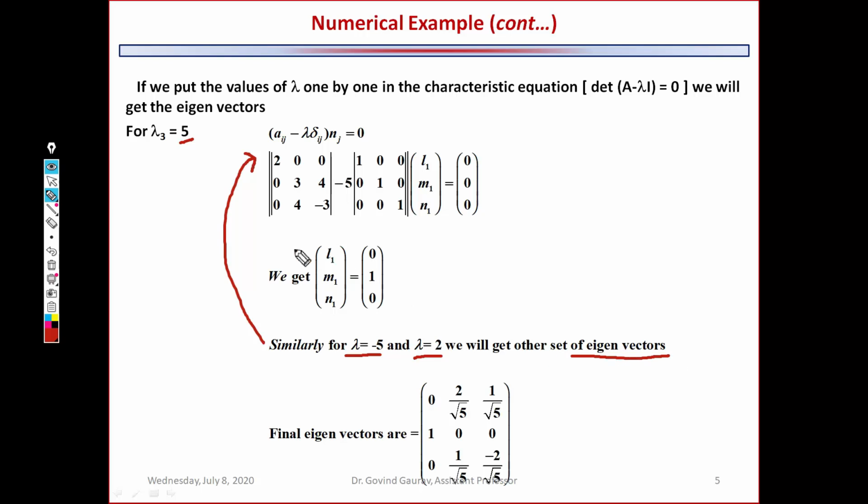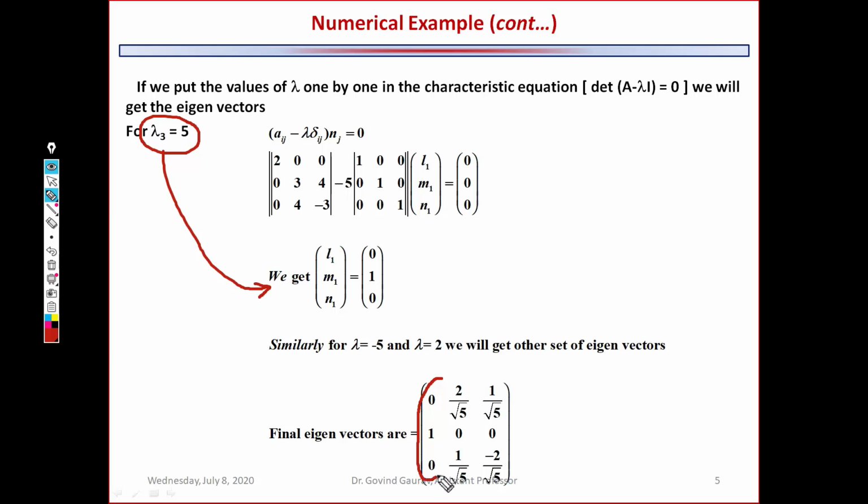In the first case, when we put lambda 3 equal to 5, we got the eigenvectors L1, M1 and N1 as 1, 0, 1. So these represent the eigenvectors corresponding to an eigenvalue of 5. The next set of values we get by putting lambda equal to minus 5.